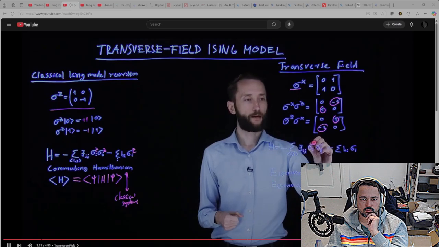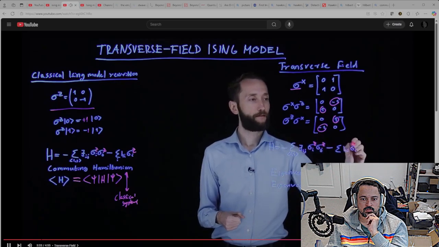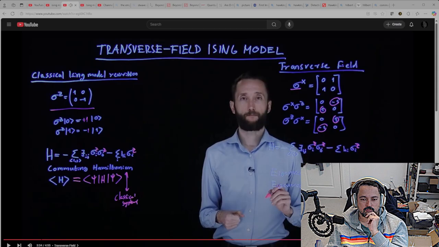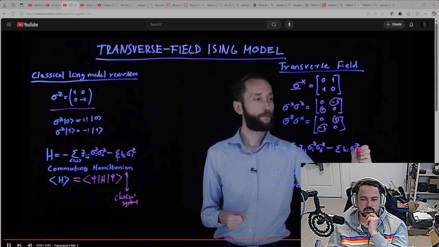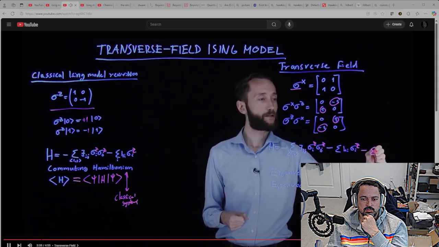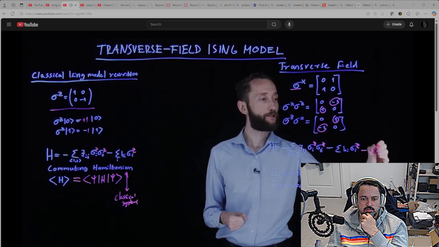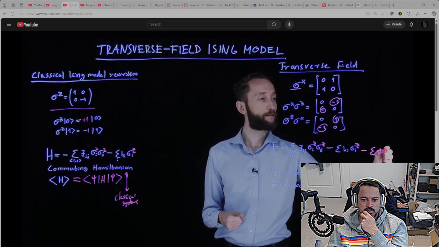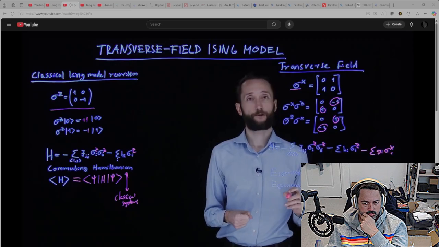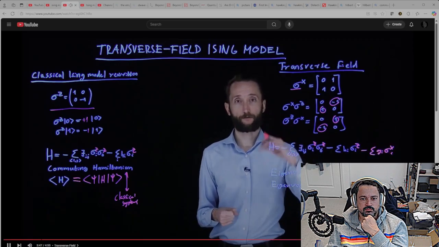So let's do that. So now we know that this is the classical Ising, written in a different form. And we can add this transverse field with, say, some coefficients as such. So on each site, this transverse field would act.